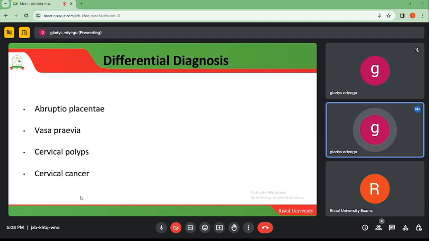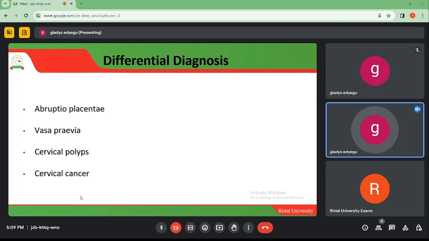So, what could be the differential diagnosis? Besides placenta previa, there are some other conditions that can present just like placenta previa, and sometimes we can misdiagnose our mothers as having placenta previa when it is actually a different condition. So it is very important for us to know what conditions can present the same way.